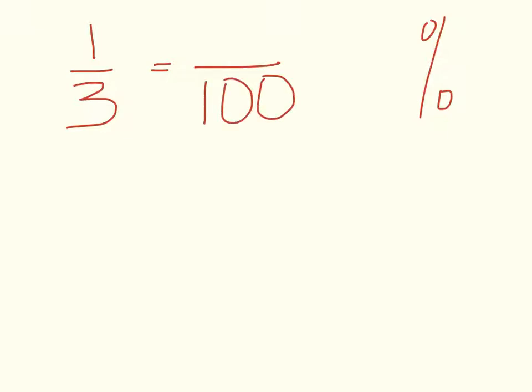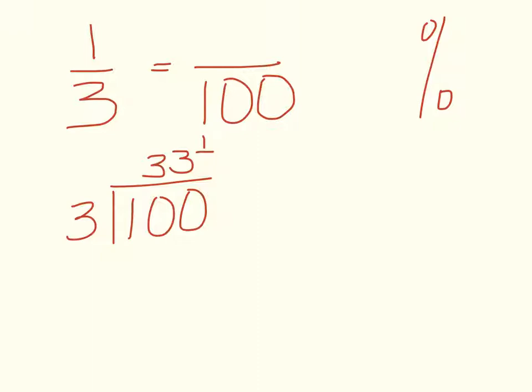If I say 1/3 of the donuts were chocolate, well, to find the percent that were chocolate, you have to get that over 100. But herein lies the problem. 3 does not go evenly into 100. So if I say 100 divided by 3, I get 33 1/3.